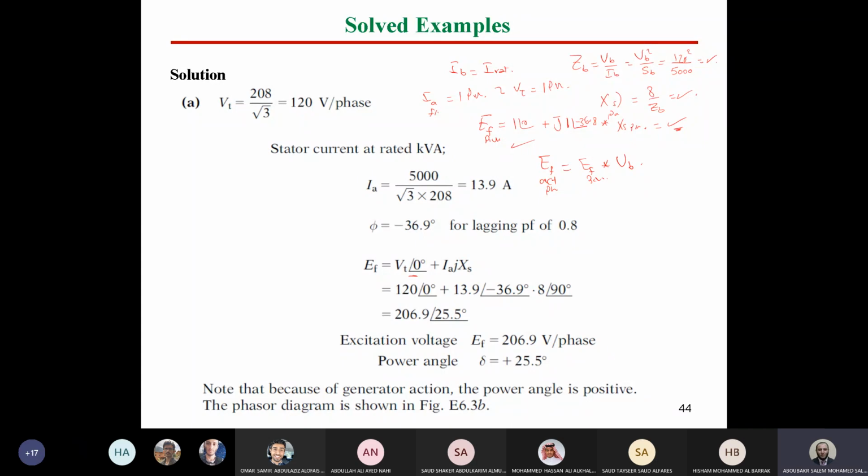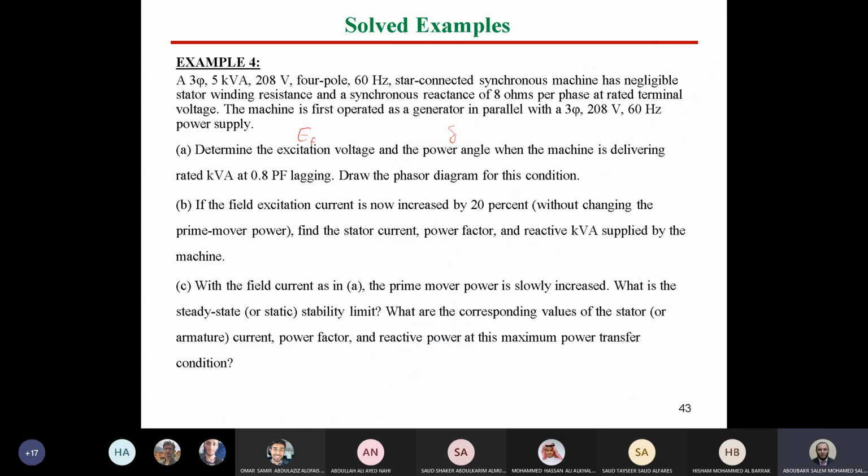Right. Part B: if the field excitation current is now increased by 20%, so EF in case number 2 compared to EF in case number 1 is extra by 20%.